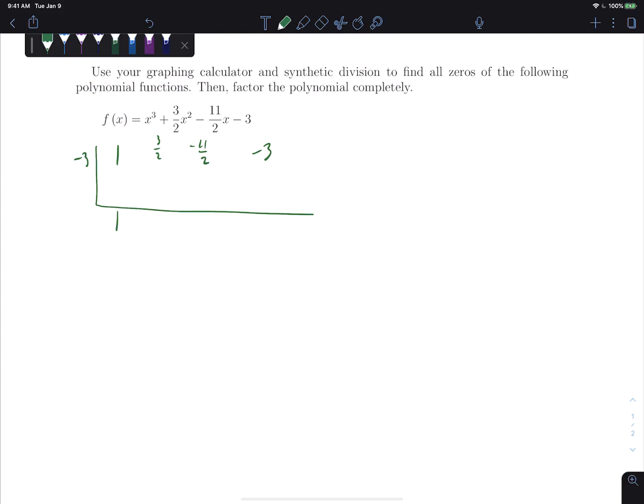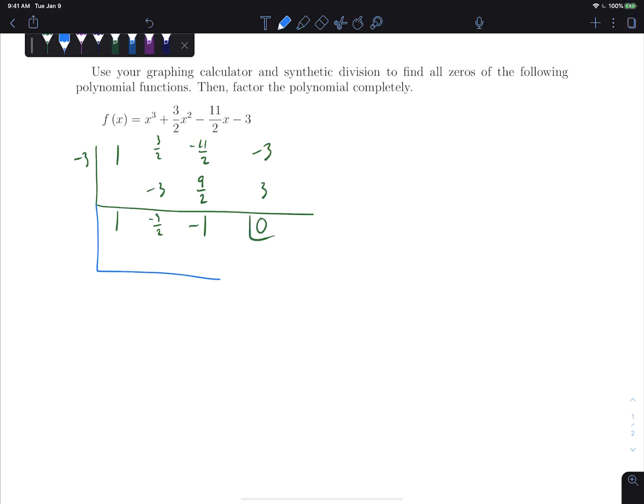Bring down the 1, multiply. 3 halves minus 3 is 3 halves minus 6 over 2, which would be -3 halves. -3 times -3 over 2 is 9 halves. -11 halves plus 9 halves is -2 halves, but that's just -1. And then -3 times -1 is +3. Awesome. So we just proved that -3 is in fact a 0.